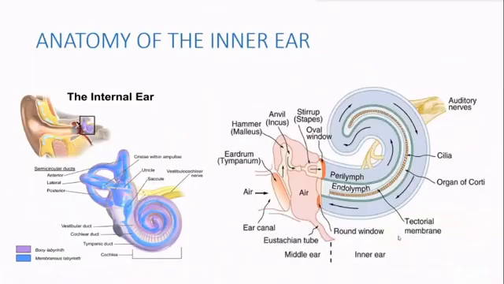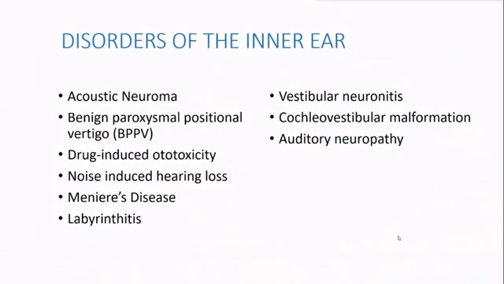A little bit about the causes of inner ear pathology. There is a long list of possible causes. It can be because of acoustic neuroma, like we mentioned earlier. It can be issues with the labyrinth organ. It can be because of drugs: chemotherapy or antibiotics can cause toxicity.